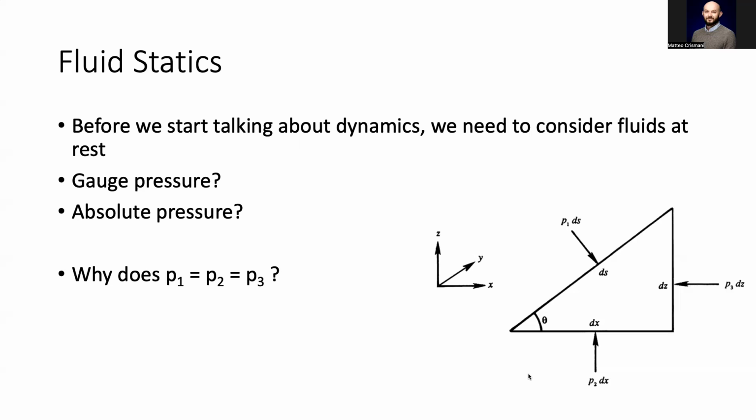Because if this was bigger, let's say in the vertical contribution, then the fluid would move. And by definition, I'm starting off by only talking about statics. So we have to be able to prove this for ourselves first. So you can say, okay, the pressure is, of course, a force divided by an area.